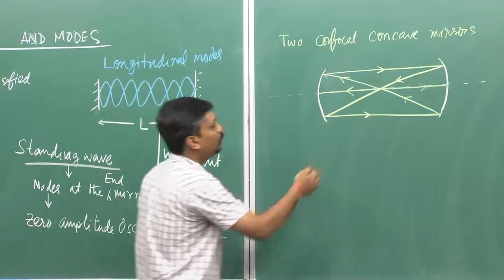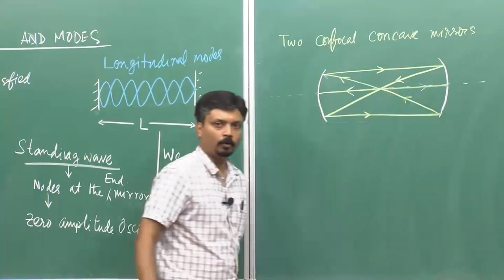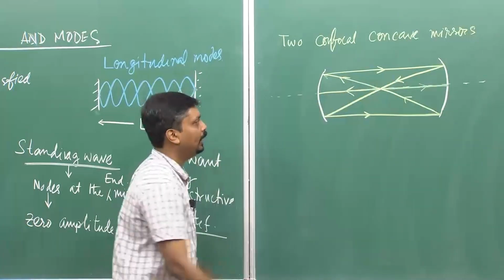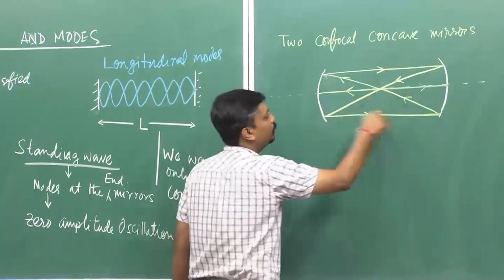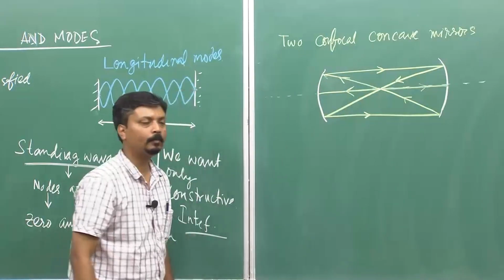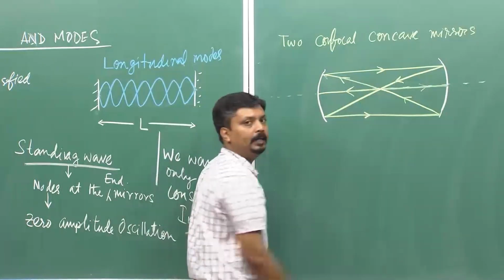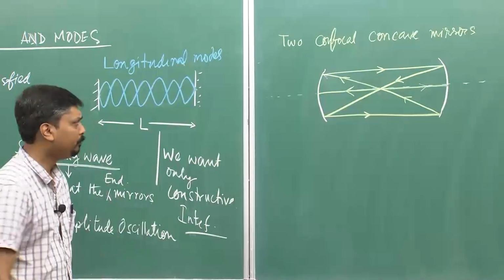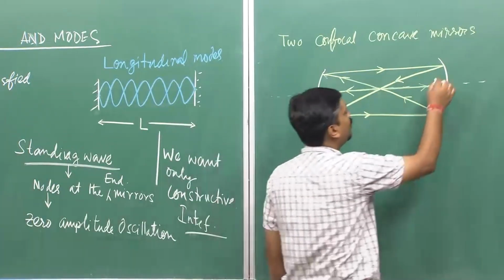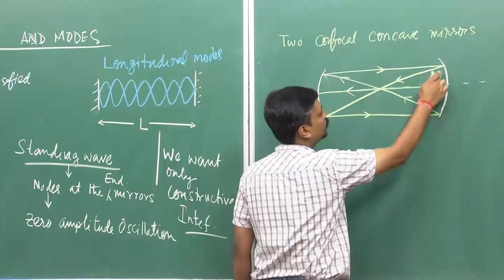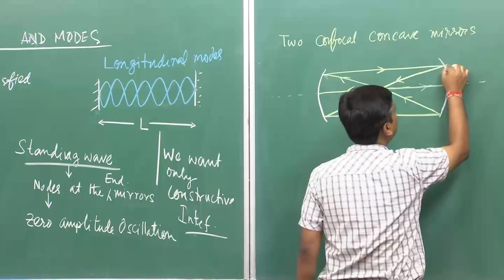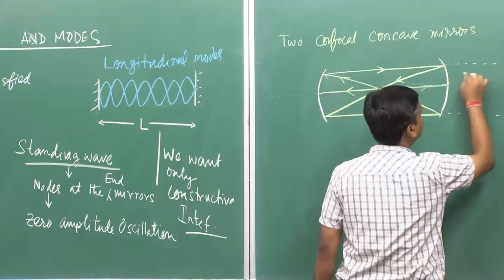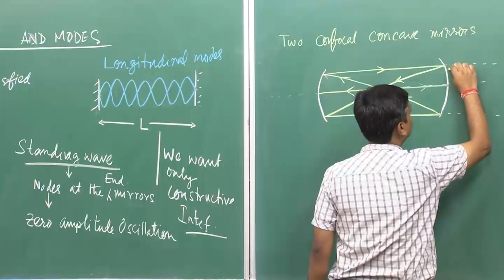So, slightly off axis photons are also now a part of this amplification process, and you see every round trip is passing through the active medium, because my active medium will be at this focal point, right. So, I am not losing, and ultimately what is happening, so this is happening at this point also. So, ultimately when it comes out of the laser, I essentially have a beam like this.